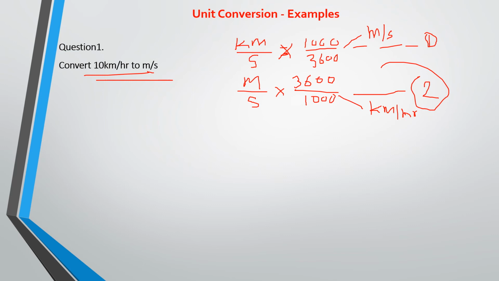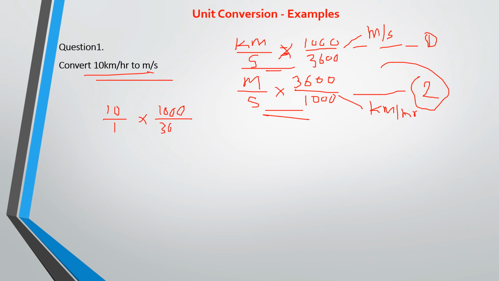Okay, so for this particular question that is given, you just write it as 10 over 1 multiplied by 1000, because you are converting to meters per second, all over 3600.